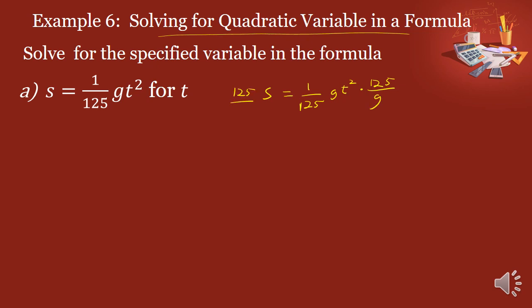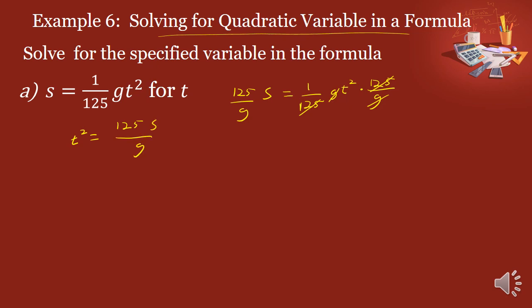When we simplify, the g's cancel, the 125's cancel, and flipping the equation around, t squared is equal to 125 s over g.